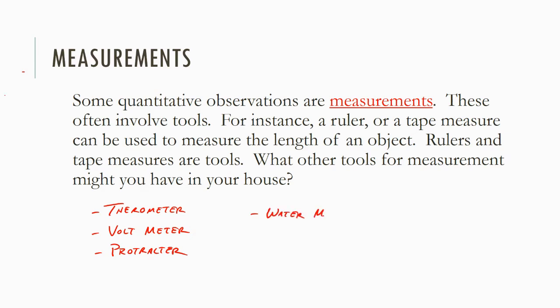And yes, every house or townhouse has one, and apartment buildings have them too. Aside from that, there are also things like clocks. And of course, the last big one that you definitely have in your house is a scale.